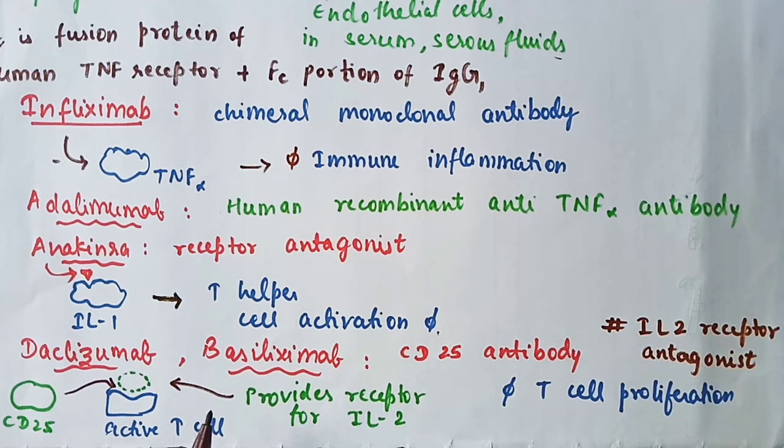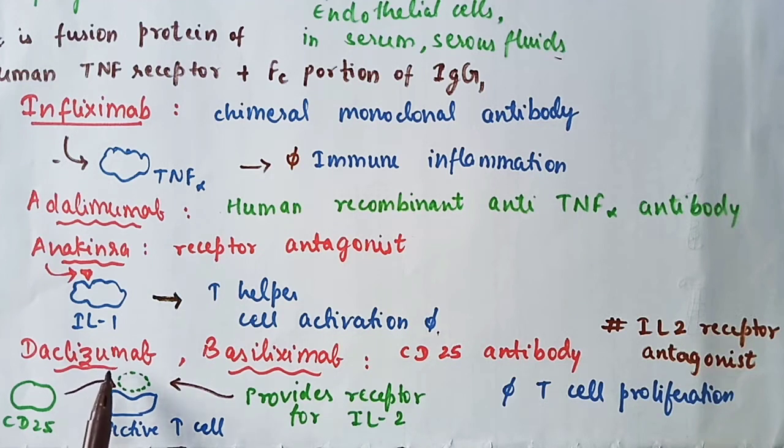So basically, an active T cell has CD25, which provides a receptor for interleukin-2. When interleukin-2 binds to this CD25, it causes the activation of the T cell and then the proliferation and differentiation of the T cell.